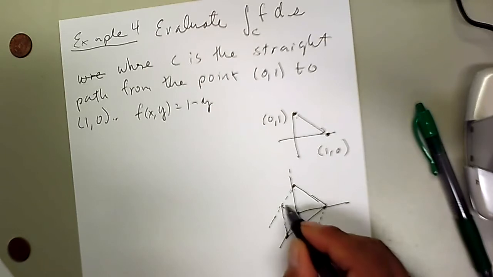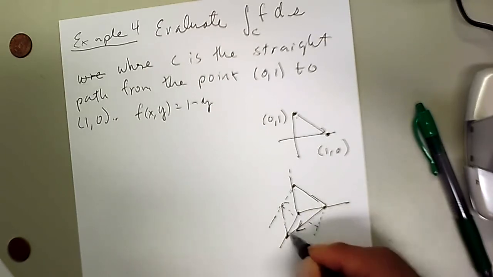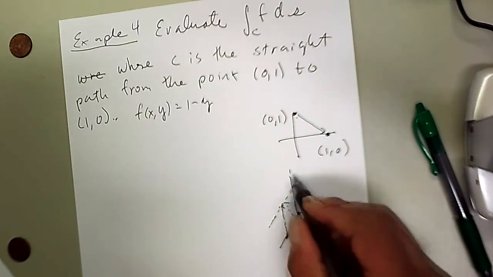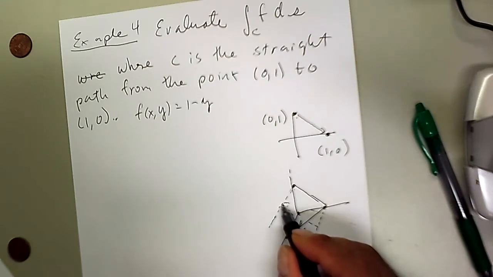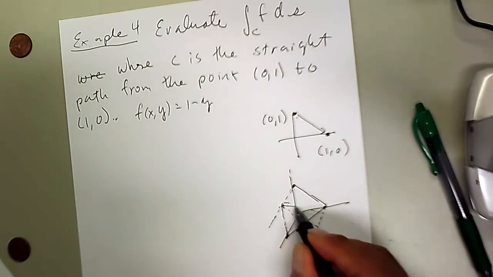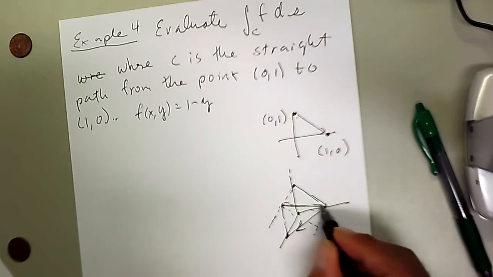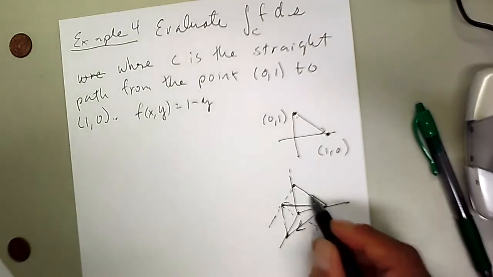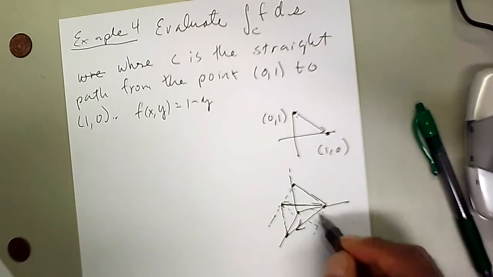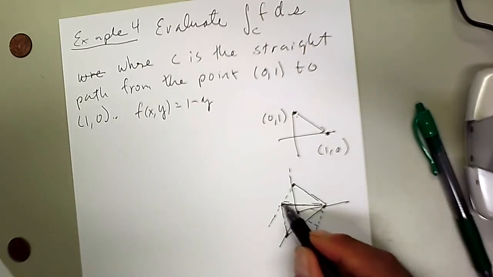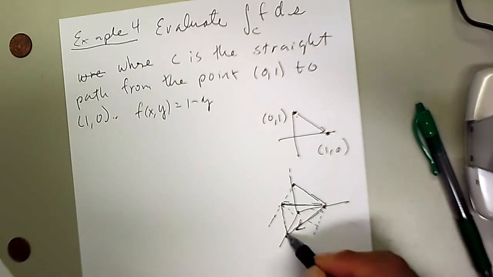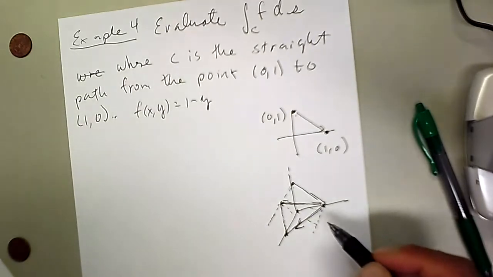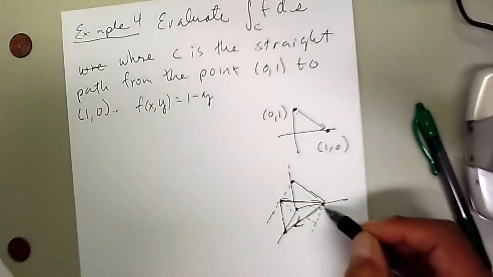So this is the height. So when we go from here to here, and the function goes down as we go away from the x-axis or the xz plane, what we have is this triangle, because this is a plane and this is a straight line. I'm pretty sure that this is going to be a straight line as well when we intersect. So this is the triangle for which we're finding the integral with respect to the length.